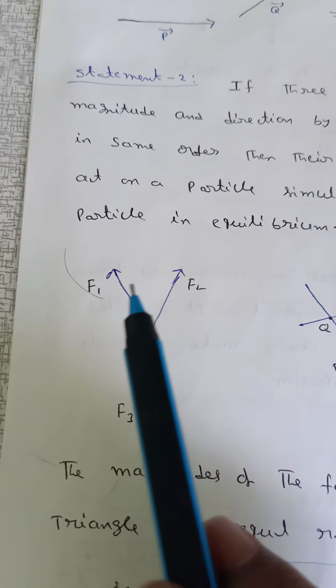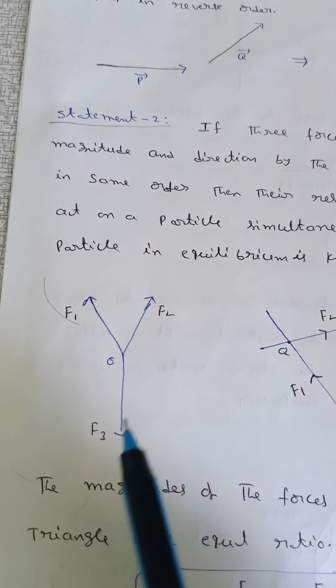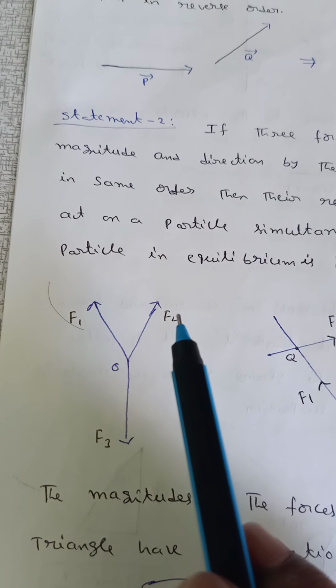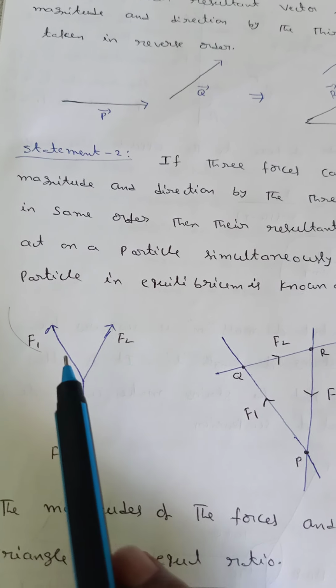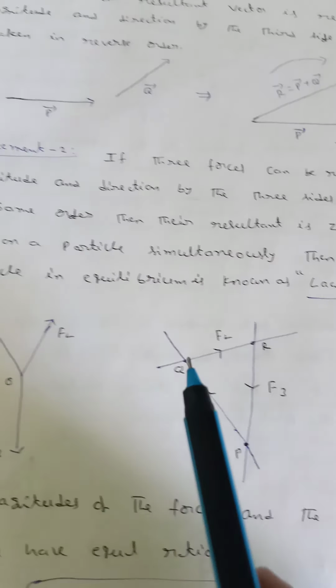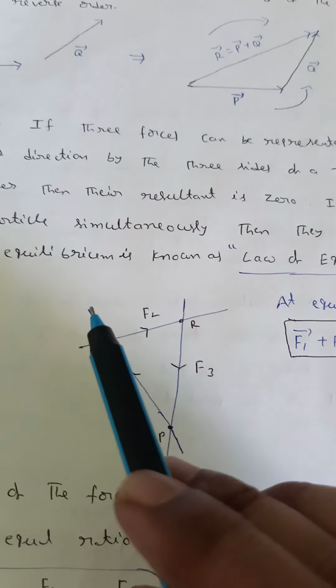For suppose F1, F2, F3, three forces can be represented in both magnitude and direction, taken in the same order. These forces are represented by a triangle. This is the F1 bar.